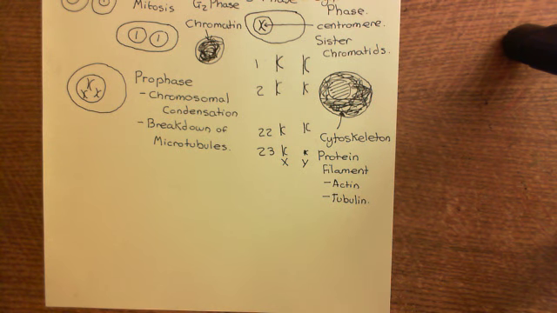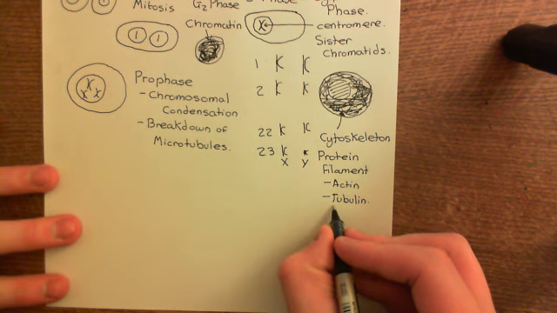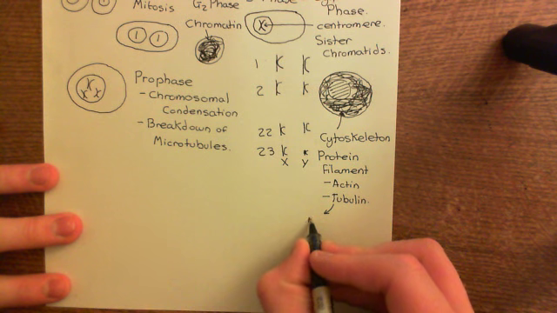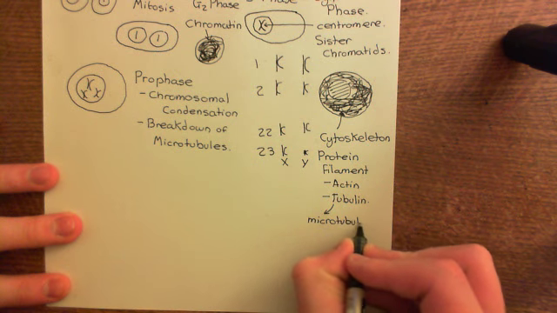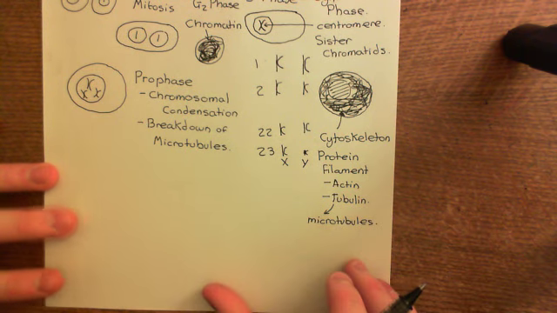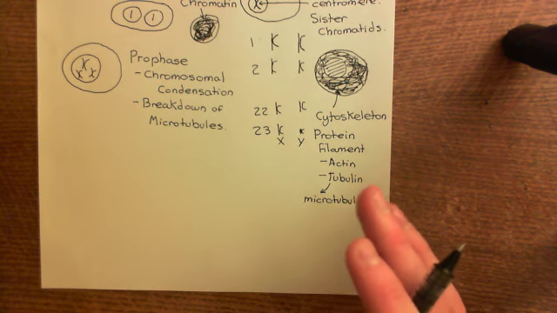And by the way, tubulin filaments are also known as microtubules. These make up part of the cytoskeleton of the cell.